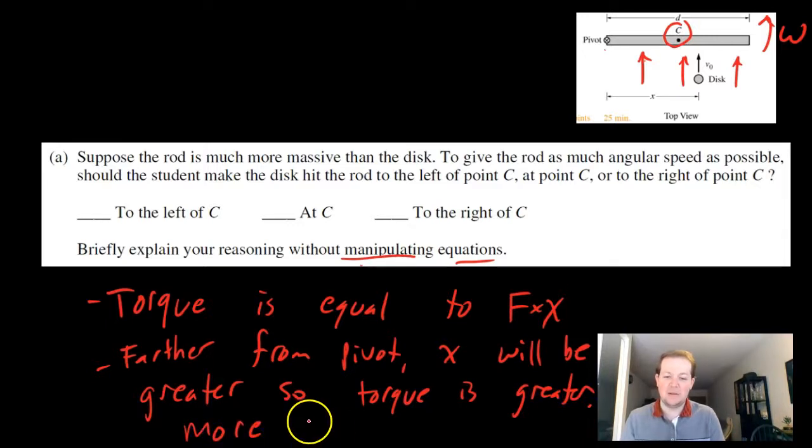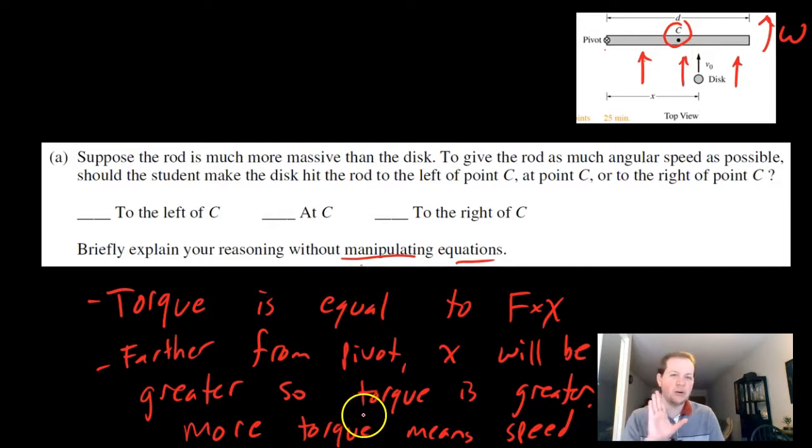I mean, that's not a very deep physics explanation, but I'm just trying to hit some main points. More torque means more speed. If I have time, I'll go in and maybe talk about acceleration or something. But okay, so I'd get more torque if it's farther to the right, and that would make it have more speed. That makes sense. Okay, I'm going to choose right here, to the right. I'll come back if I have time.